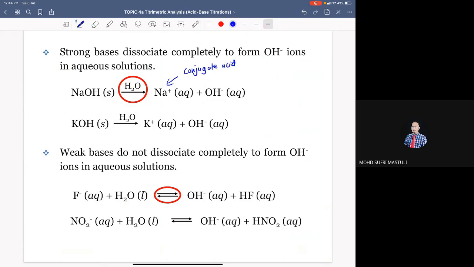Okay, so a weak base does not dissociate completely to form hydroxide ion in aqueous solution. So the arrow should be a reverse reaction. So the concentration of OH minus for a weak base is normally lower compared to the concentration of OH minus for the strong base.